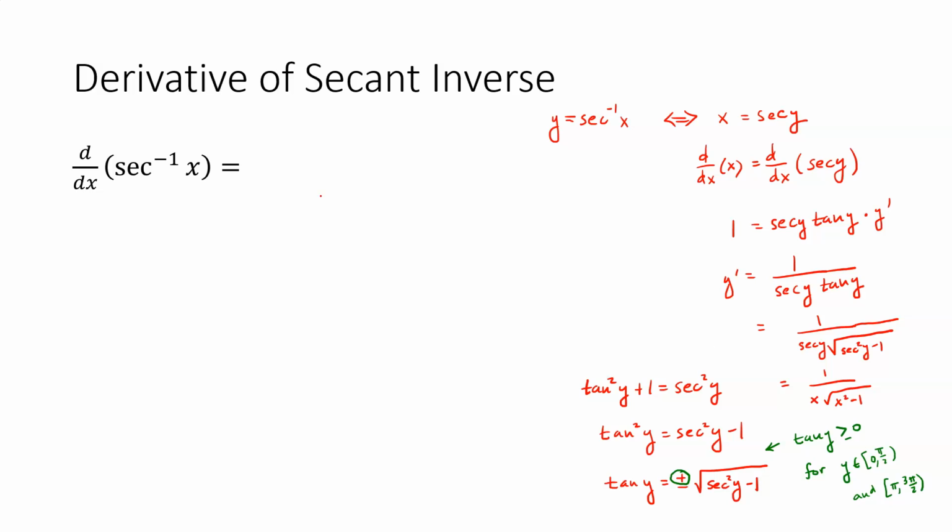Okay, so the nice thing is that here, because of the way that we've defined the secant inverse function, this formula looks simpler than other cases where, had we chosen a different interval, we may have needed to use absolute values on x. But by the way we've done it here, we can just leave it without the absolute value.